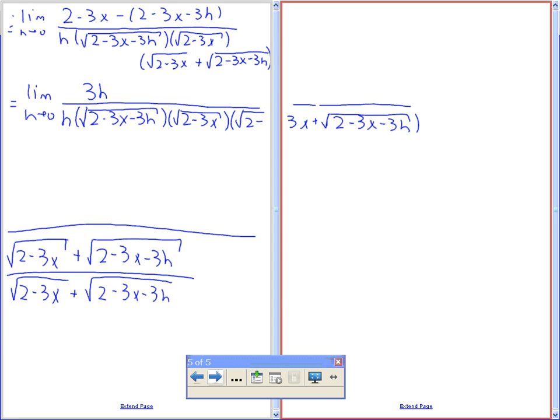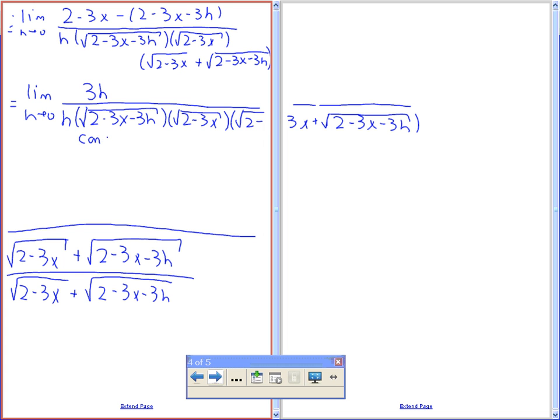I'm going to do two steps in one here, or do you want me to show everything? Okay, let me show everything. All I'm going to do is cancel these h's, and then set h equals 0.